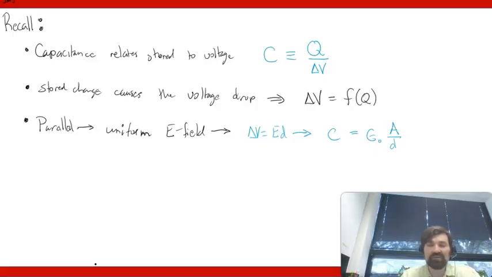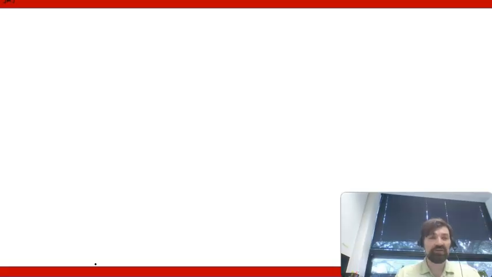Essentially what we want to do is determine the capacitance for a given configuration, which in turn would allow us to figure out, if we have so much voltage drop, how much charge is actually being stored. Okay, so how do we go about doing that? How do you determine the value of the capacitance for a generic system?